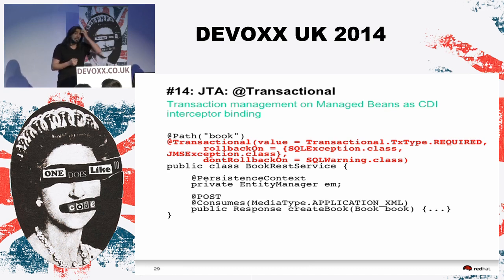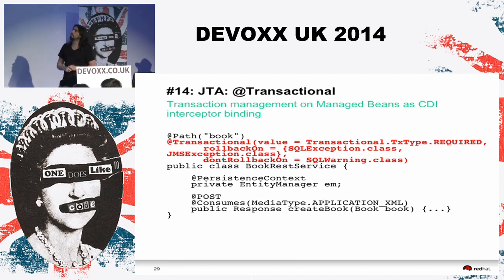With an EJB, with just one annotation, the transaction is managed by the container, where you go @Stateless. That's the same idea, @Transactional, except you can do that anywhere now. So in Java EE 7, you can have a transactional EJB, but also a transactional servlet, a transactional REST endpoint, or a transactional POJO. You just take a POJO, put @Transactional, and bang, it becomes transactional.